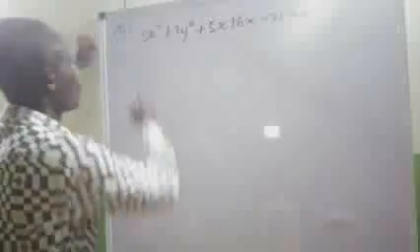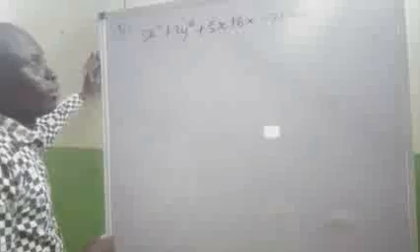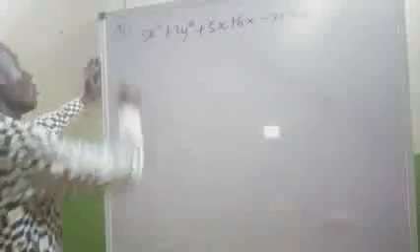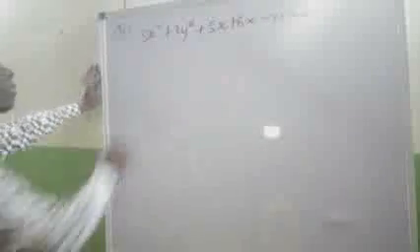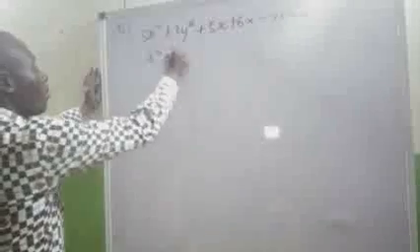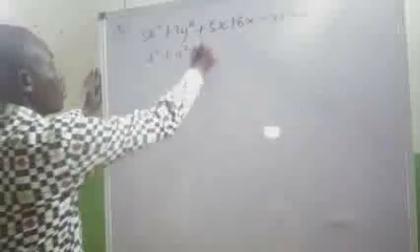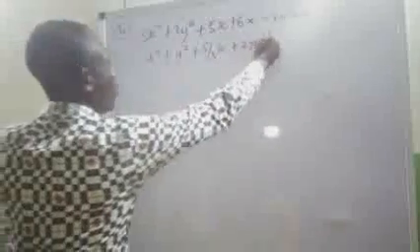So for B, we have 3x squared plus 3y squared plus 5x plus 6y minus 30 is equal to 0. If I divide through by 3, this will give me x squared plus y squared plus 5 over 3 x plus 2y minus 10 is equal to 0.